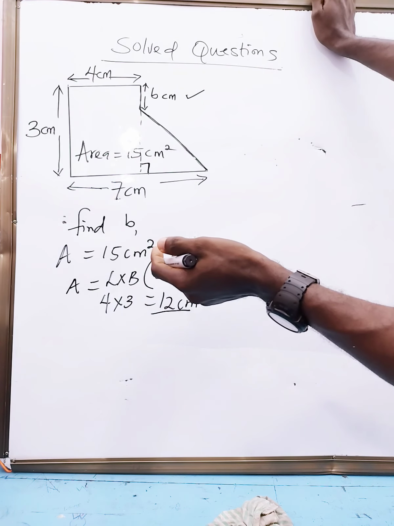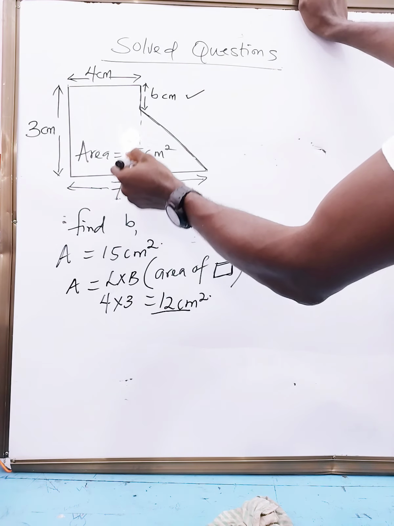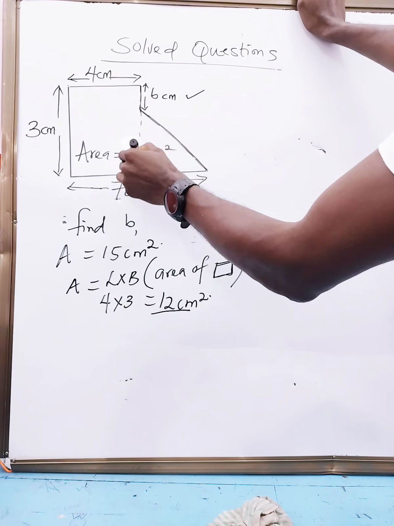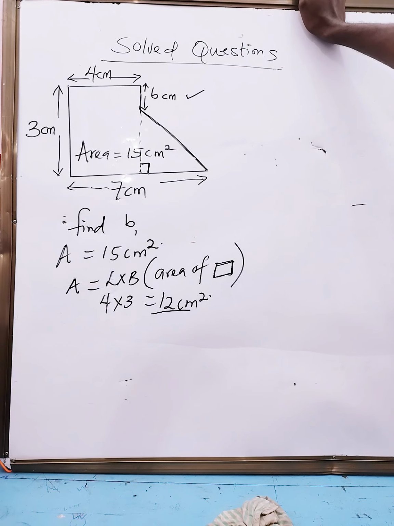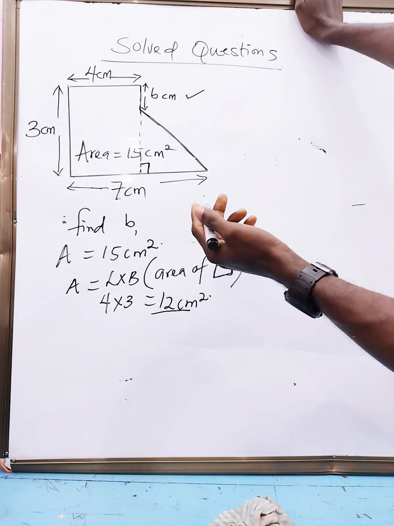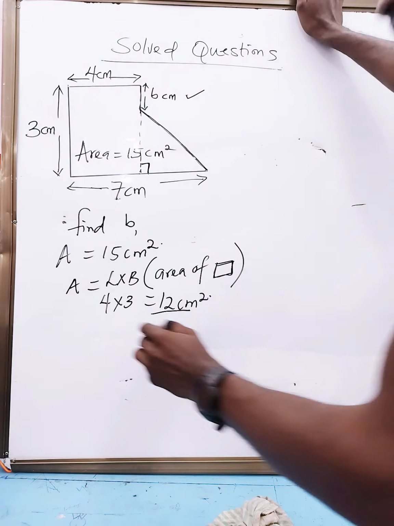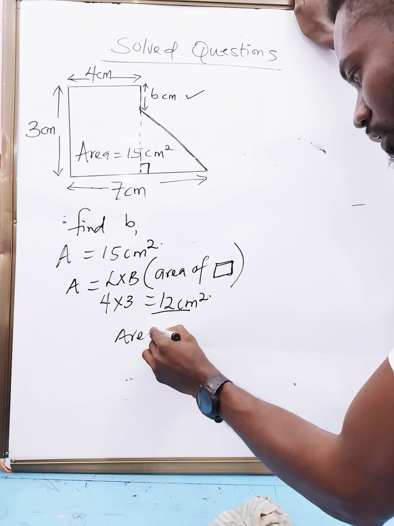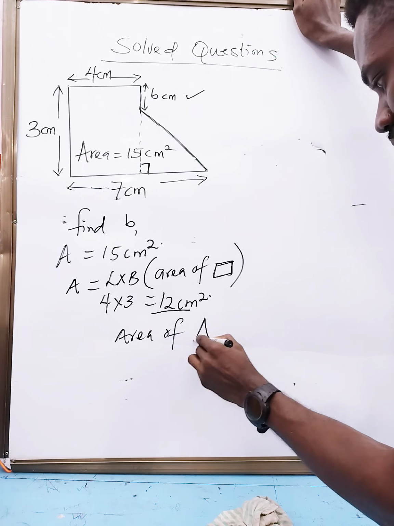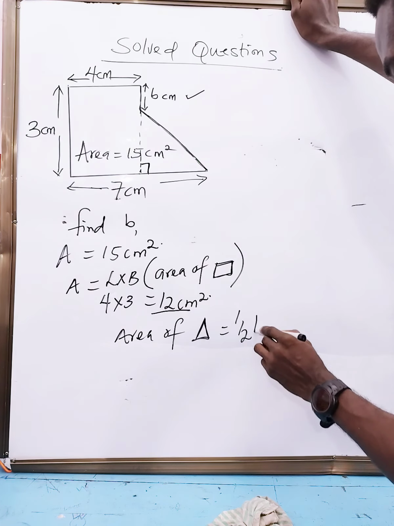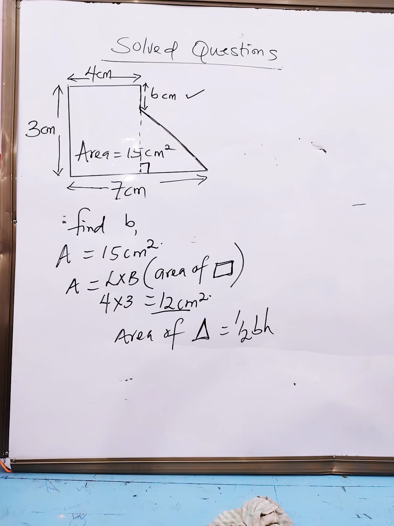This is the height, from here to here, the height of this triangle, and it's not given, but we are given the side. Let's write area of triangle equals half BH. The base is not given, the height is not given.